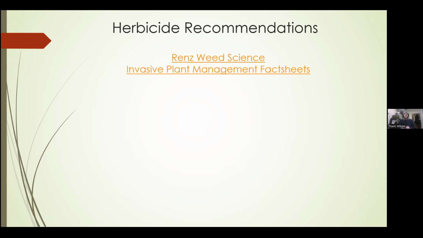And so in this case, glyphosate probably wouldn't be a good recommendation for buckthorn when it comes to a foliar option, where triclopyr seems to have a lot better control compared to the glyphosate. And it's similar with the cut stump as well.